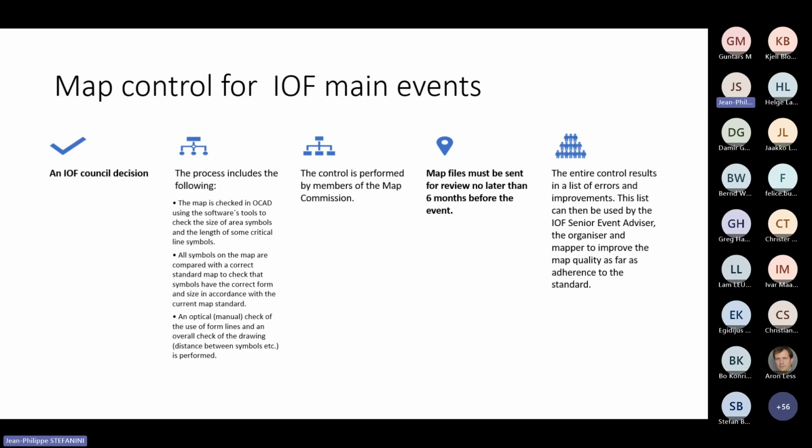So a cliff shall be at least that long. And also regarding the size of the surface, a vegetation spot shall be at least that big. And we are using the OCAD solution to do that.